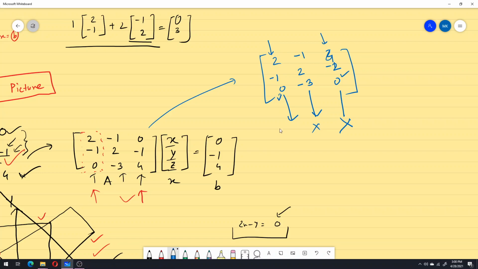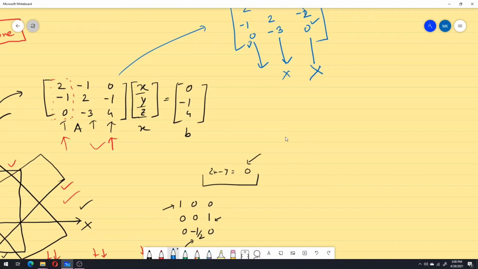Now, think about 9 dimensions. So we have worked with 3 dimensions here, right? Think about 9 dimensions. Let's say we have a vector of 9 components, with 9 equations and 9 unknowns.